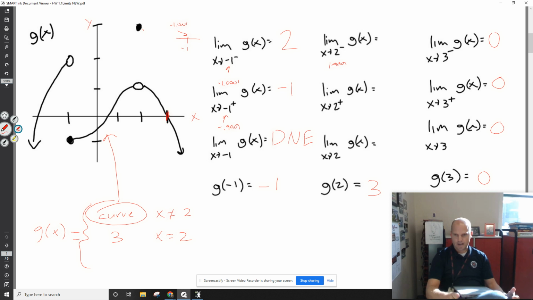Plugging in 1.999 repeated, the calculator will just tell you to round it to 2. But no, we're going to get infinitely close to this y coordinate, which is at 1, if we're to the left of 2. And if we're to the right of 2, we are approaching this y coordinate at 1.